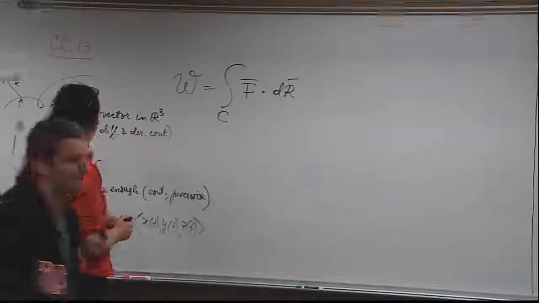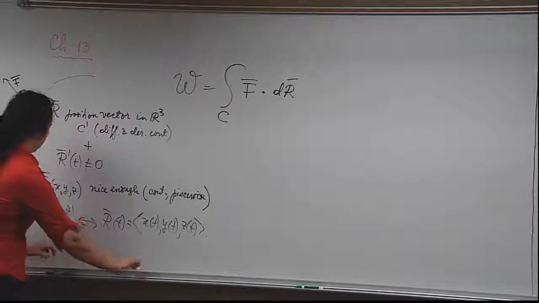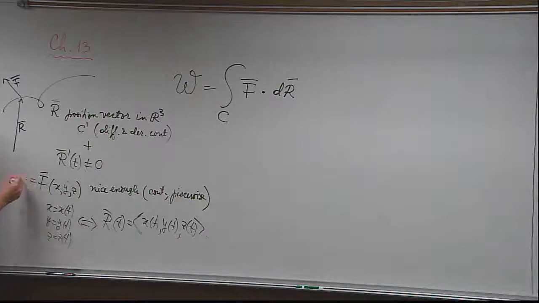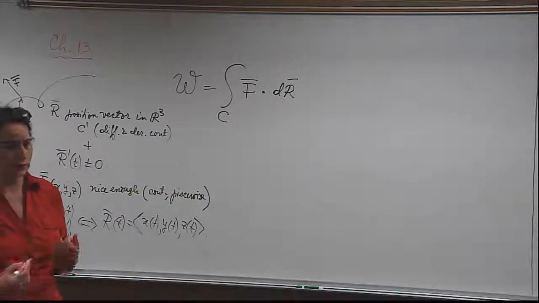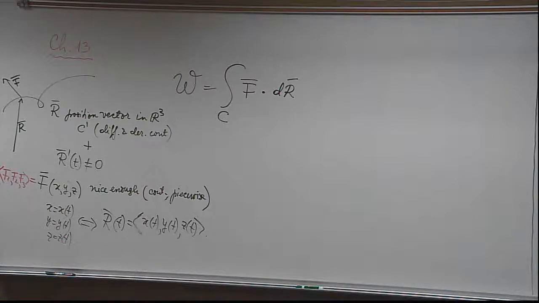So do you guys remember how we denoted F? F was in general three components in R3, F1, F2, F3. They are functions of the position vector, well, the position x, y, z. And the position is a function of time.